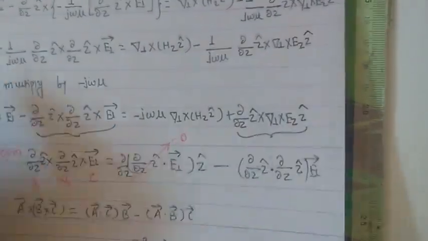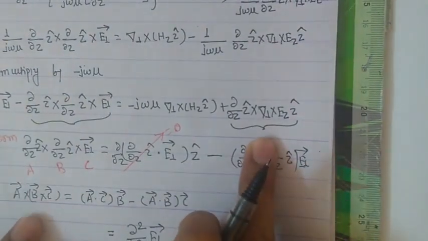Now we'll try to write for this term also using the same procedure, same vector triple product identity.